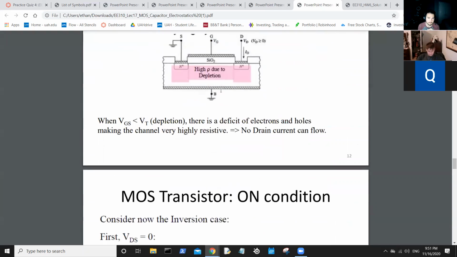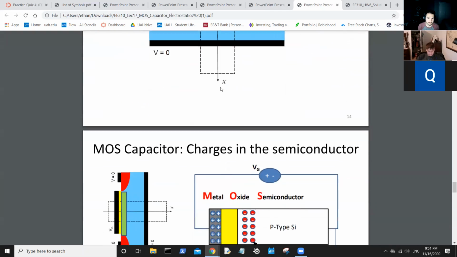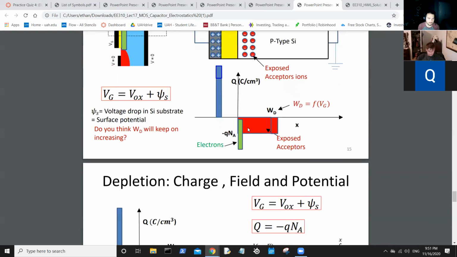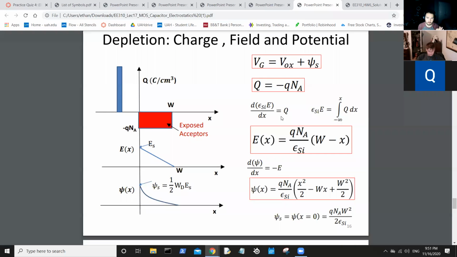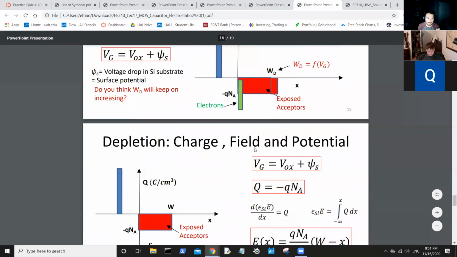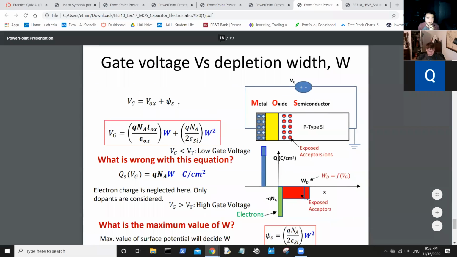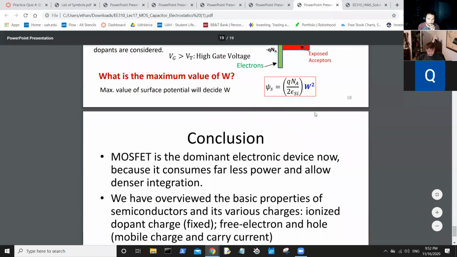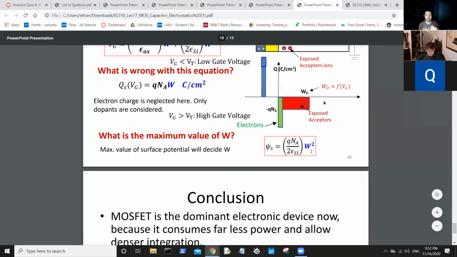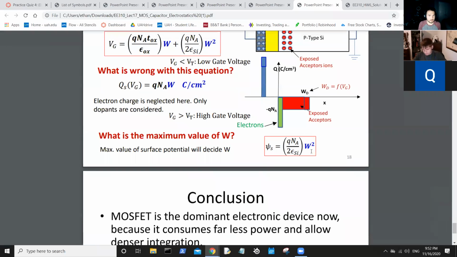So I'm going to scroll through, I have every PowerPoint open, and I'm going to scroll through every single PowerPoint and look for important stuff. When I was doing the homework, I spent a lot of time on this slide and this slide, a lot of slides here, but this one, I know for a fact that this formula is important. This one right here.